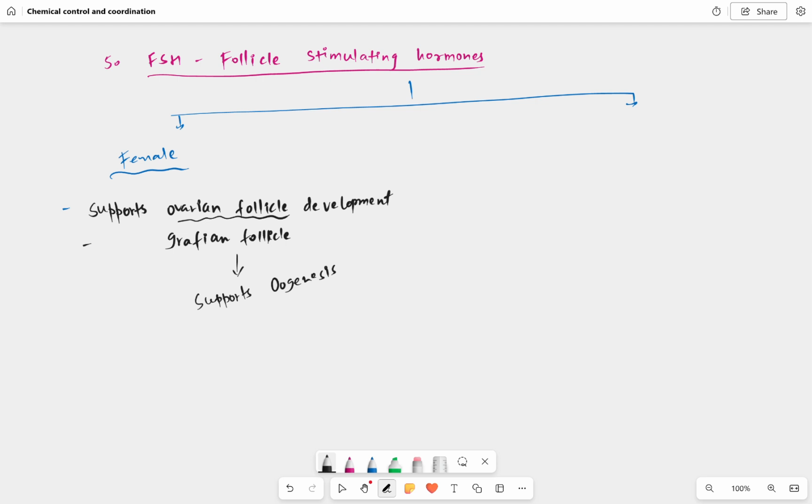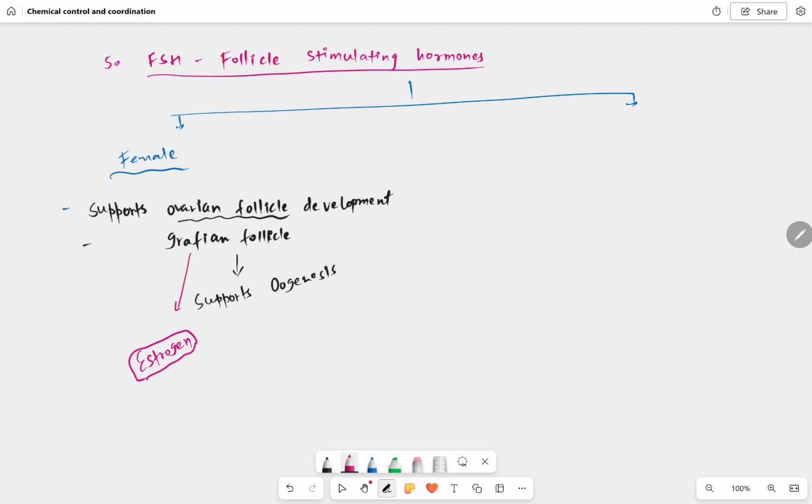Okay, so FSH will support the ovarian follicle development and the maturation of the Graafian follicle, and when this Graafian follicle is matured, it will now release the hormone estrogen.